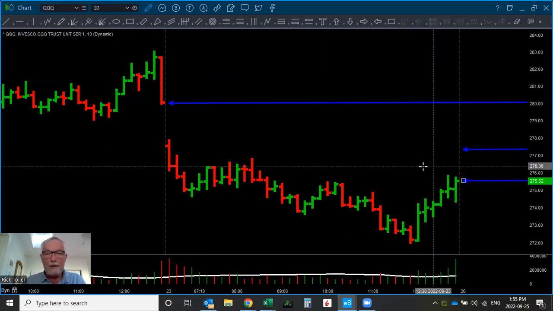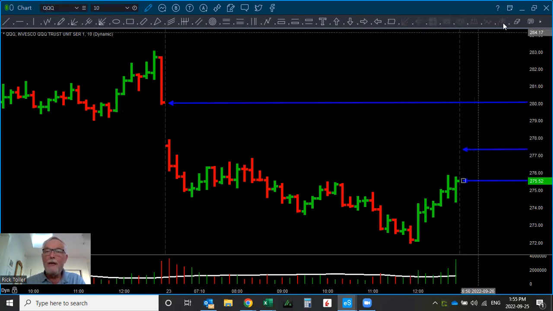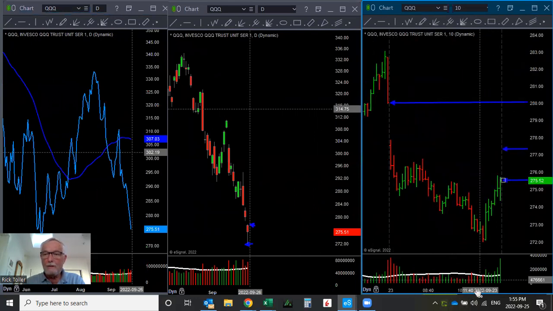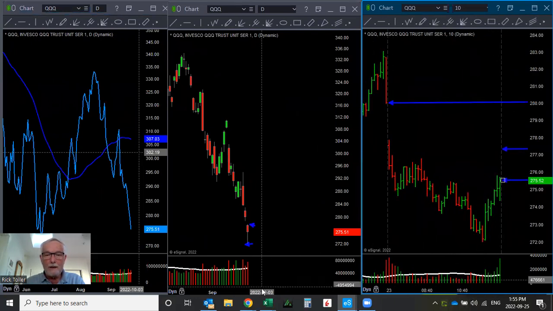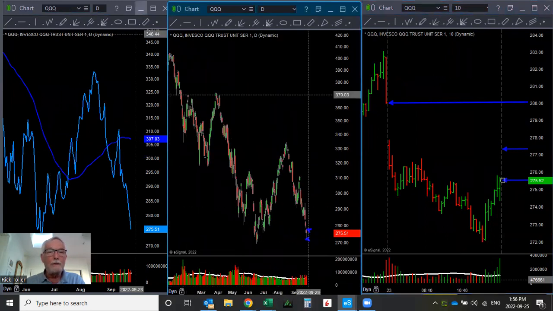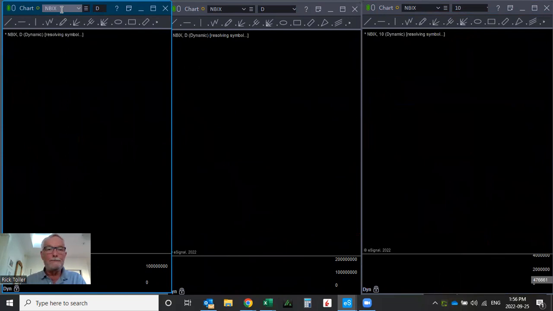But I won't dive too far into the weeds with respect to that. One thing I will do is change the symbol to NBIX, and look at how we can interpret these charts a bit more.